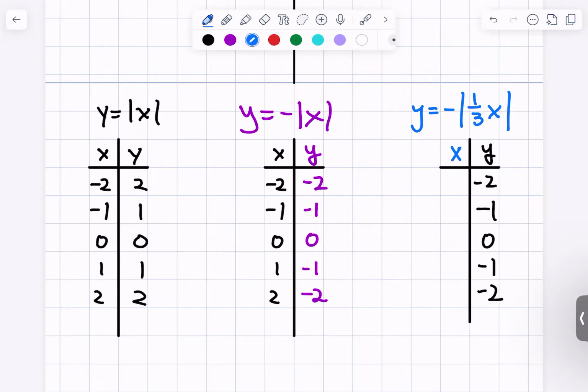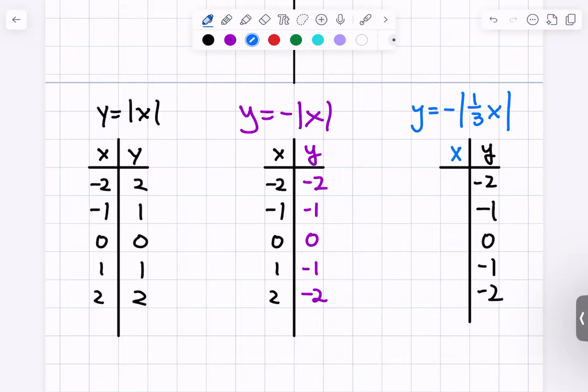If I'm stretching it horizontally, like extending my arms out, are my x values growing or getting smaller? Growing. So if it's growing by a factor of 3, what do I do with the x's?